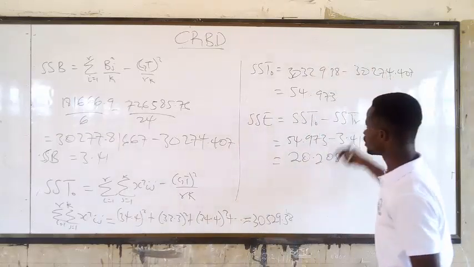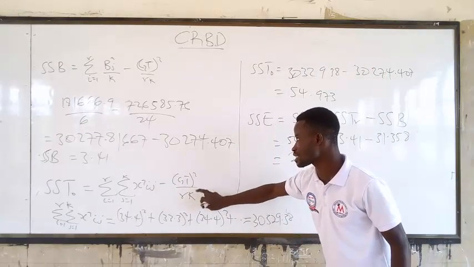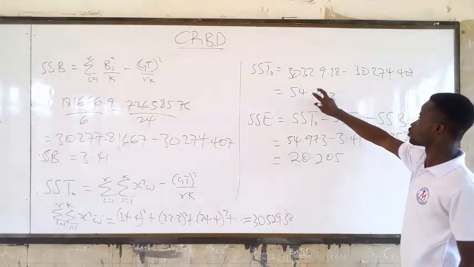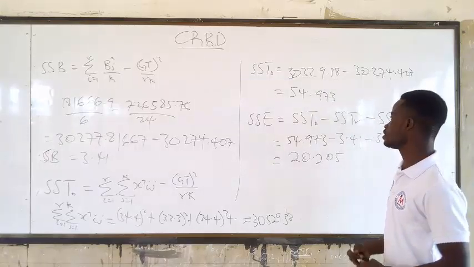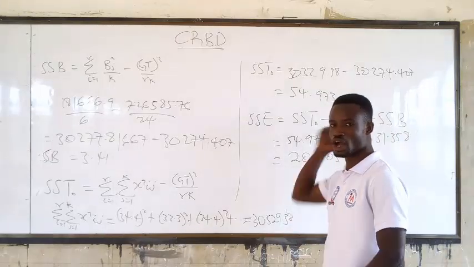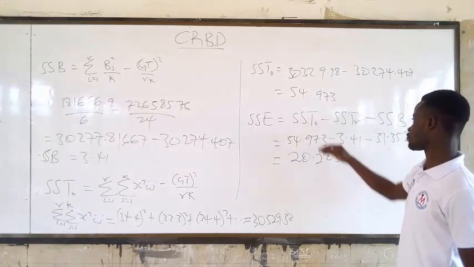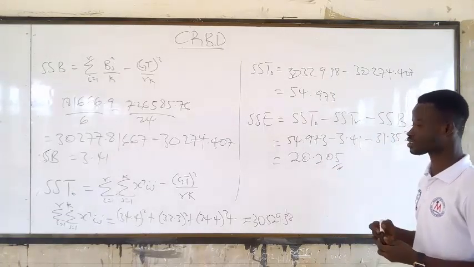So with this, you divide this by that. We know this value already. Divide it and you get this. So you subtract, and this is going to be your result. Then we use the sum of square total, sum of square treatment, and sum of square of the block in order to get sum of square of the error. So that's the formula. Then we subtract there. So this is the sum of square of the error.